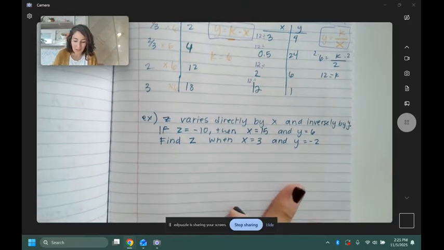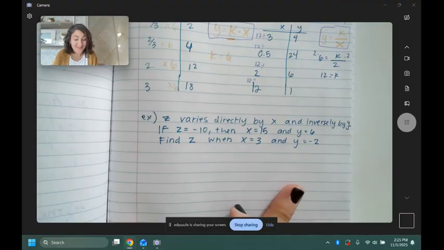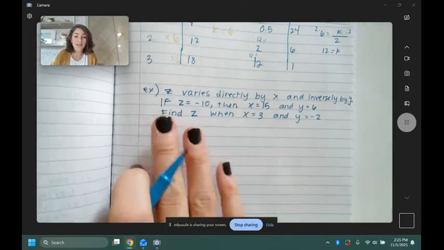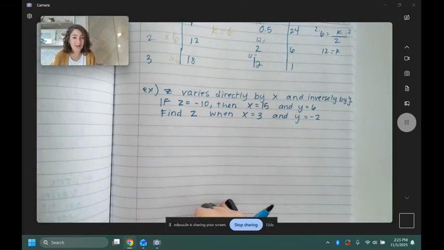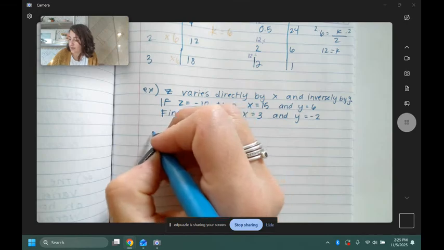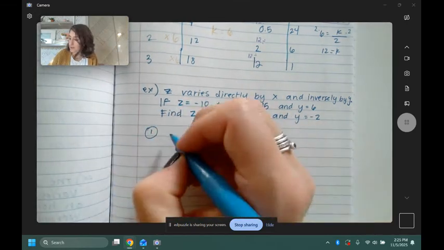Though this looks like a lot, it's actually easier than it looks. So z varies directly by x and inversely by y. Let's start by writing our literal equation.